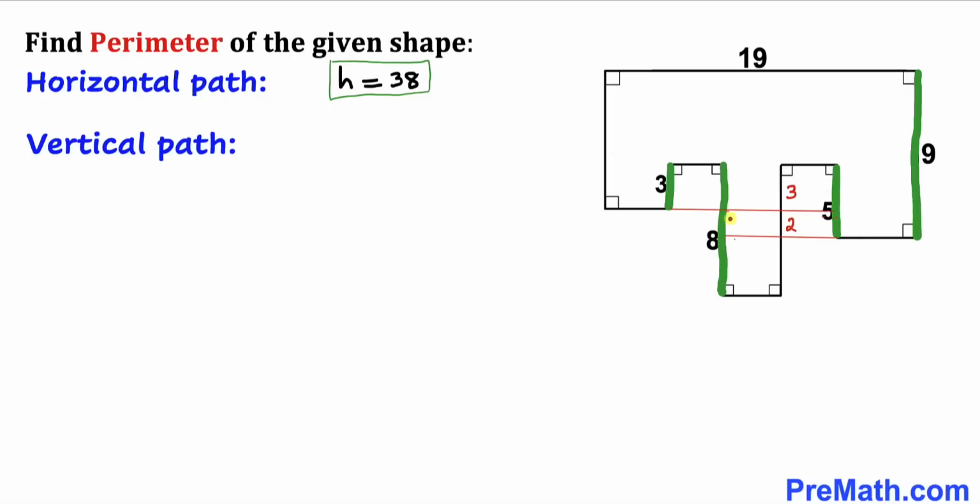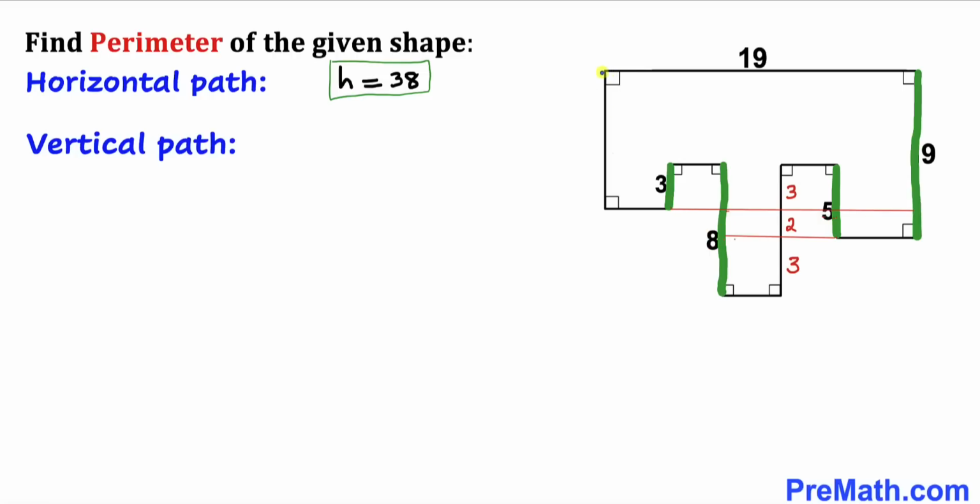And now we know that this whole length from here to here is 8 units. So therefore, this whole length is going to be 8 units as well. And now we know that these two individual lengths are 5 units. So therefore, the remaining, this is going to be 3 units as well, since they add up to 8 units.